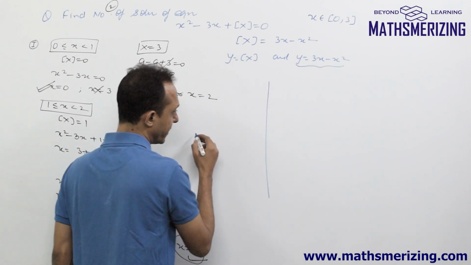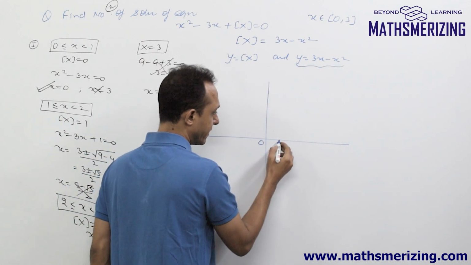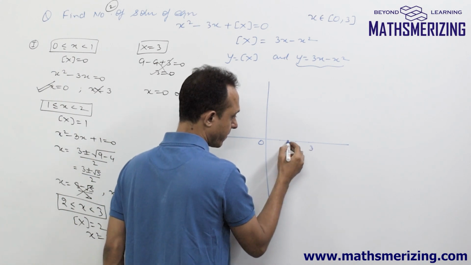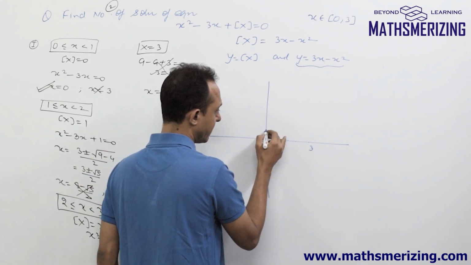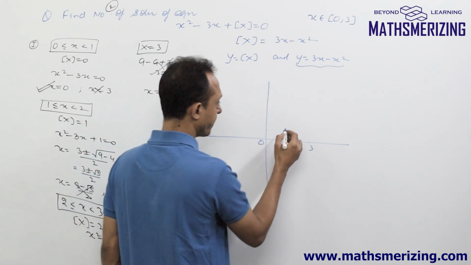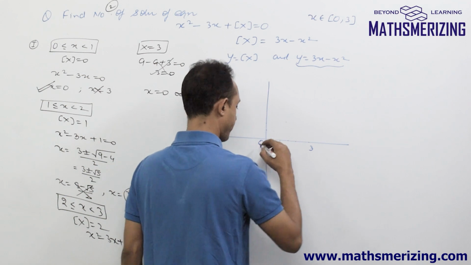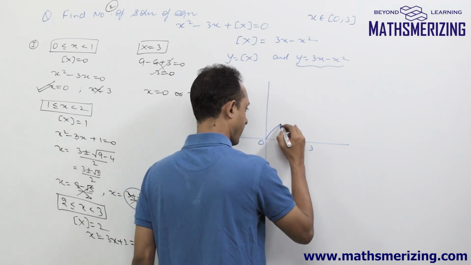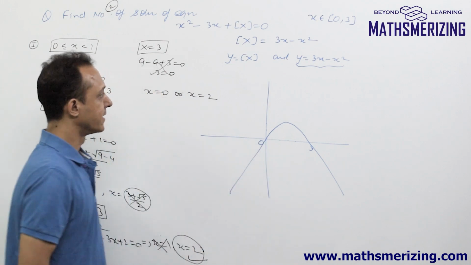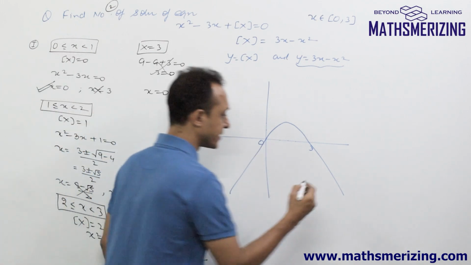It's a parabola opening downwards, with roots at 0 and 3. So its vertex is at 1.5, and then 9 by 4, which is 2 point something. So that is the graph of y equals 3x minus x square.